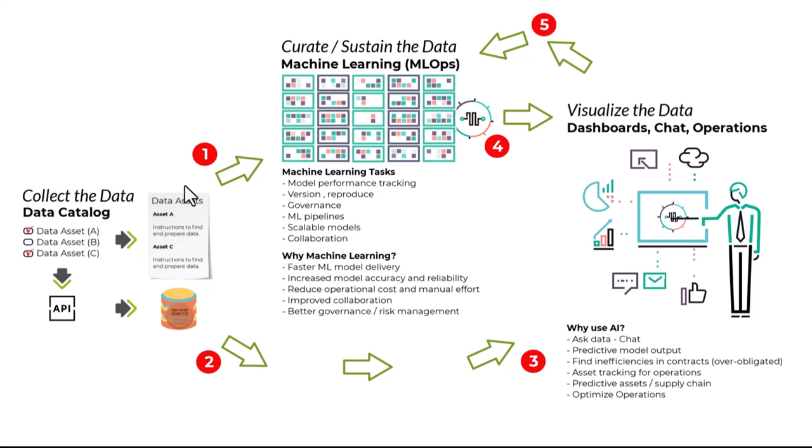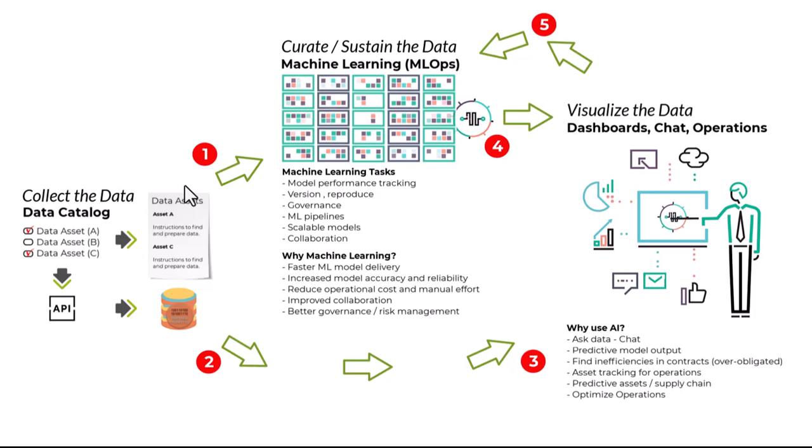Usually a data catalog is filled with metadata, data about your data, but you could wire it up to have APIs that actually reach out to those data sources and pull down those YAML files, or whatever the files are that you need. Now, you could take two routes at this point.